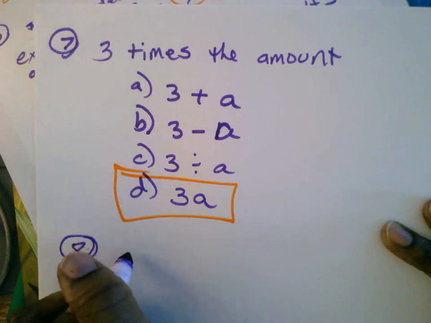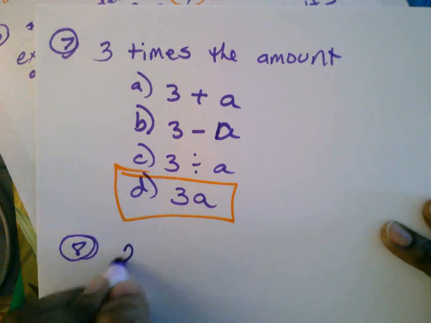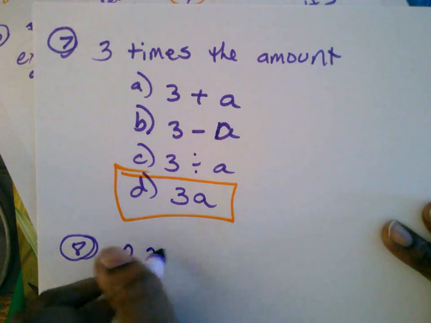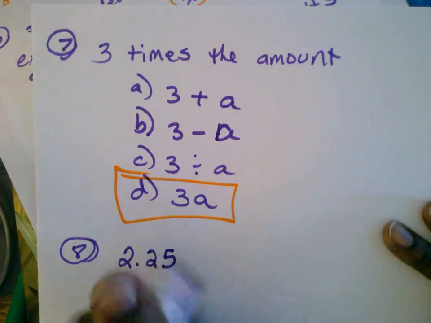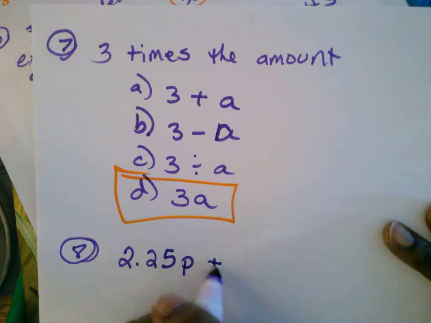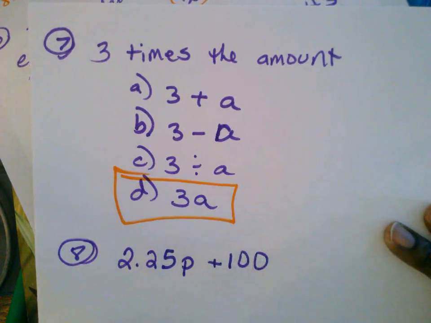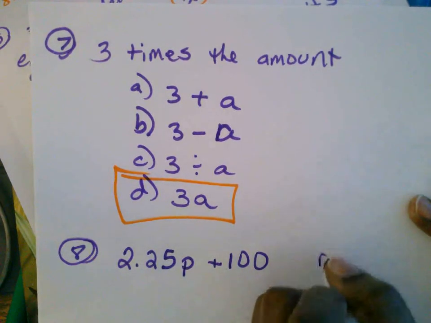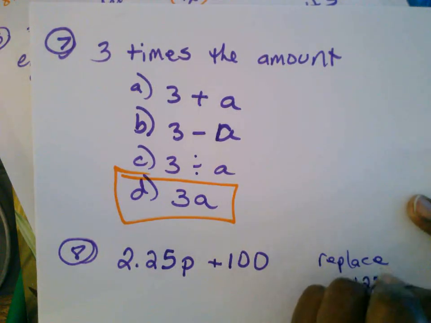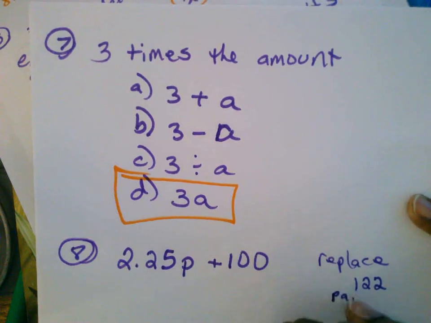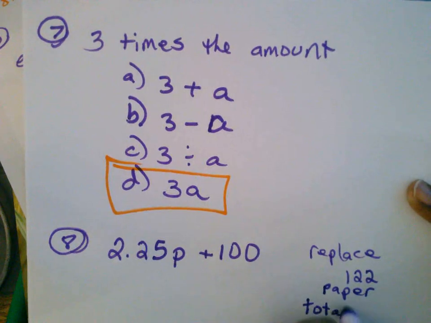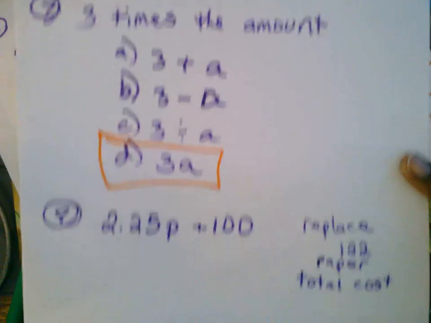The cost to replace the paper that you are wasting by drawing instead of working is $2.25 per paper, plus there is a $100 delivery fee. We need to replace 122 sheets of paper. What will be the total cost?